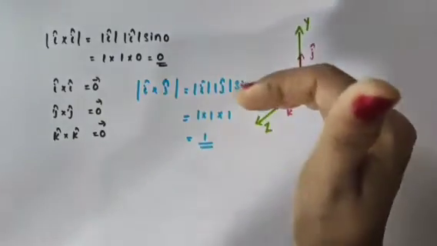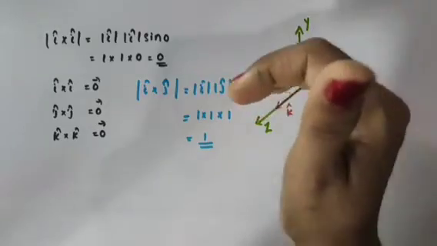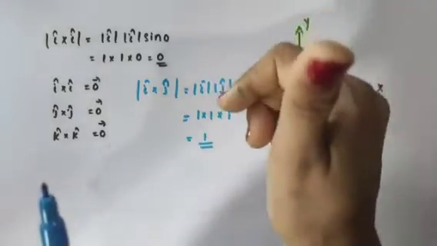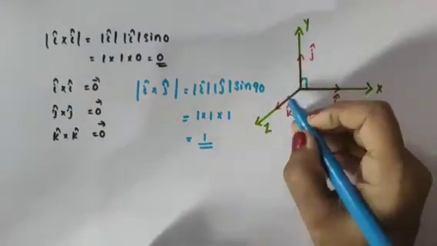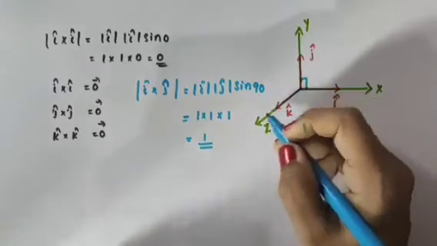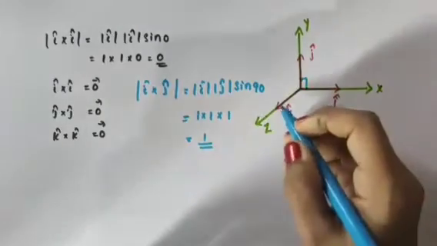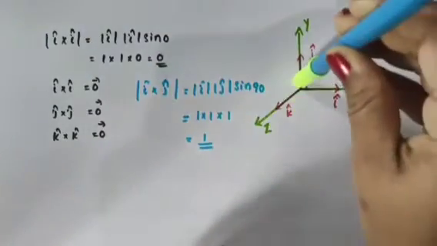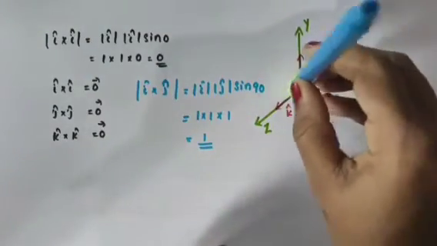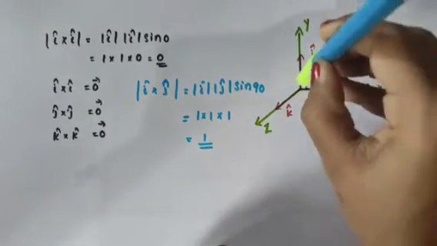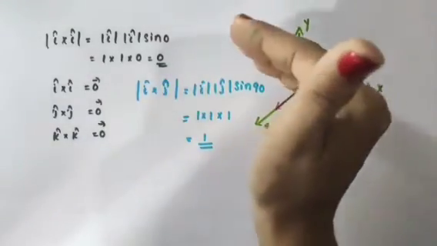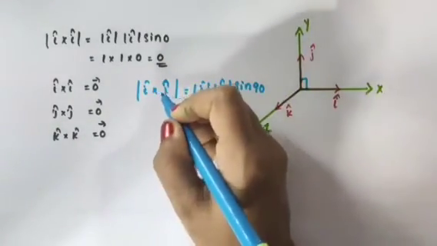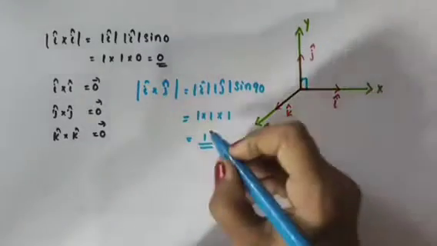I show the Z plane with my finger. Okay, when we draw it on the plane we draw it like this. So the Z plane I will represent as K cap. So K is also a unit vector, correct? K is also a unit vector. So in the place of 1 I can write K also, correct? So this becomes the Z axis, the one I am showing with the sketch pen. Even you can use the right hand rule, the Z axis, which gives the K cap. So K cap value also I can write as 1, correct?